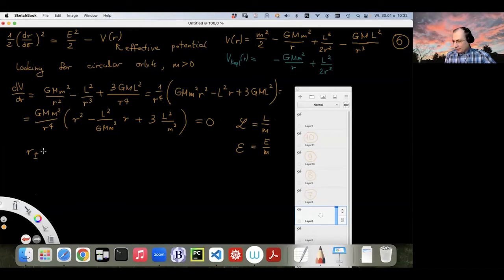And then you can show that R is L squared over 2GMm plus minus 1/2, and we've got the square root of L to the power of 4 over GM squared minus 12L squared.